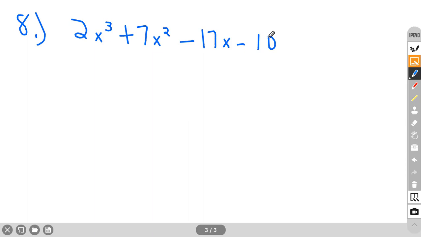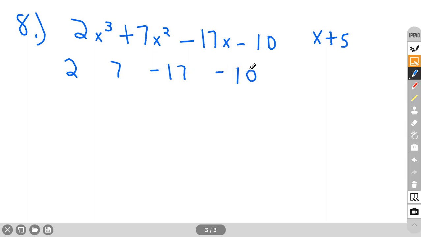And it says one of my factors is x plus 5. So to solve this problem, you're going to use your synthetic division. So I've got 2, we've got 7, got a negative 17, got a negative 10.